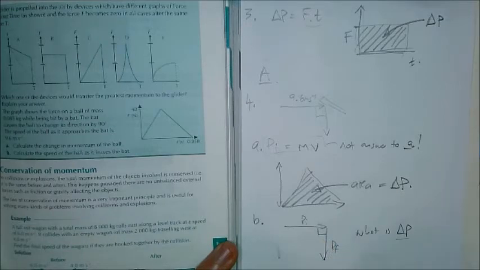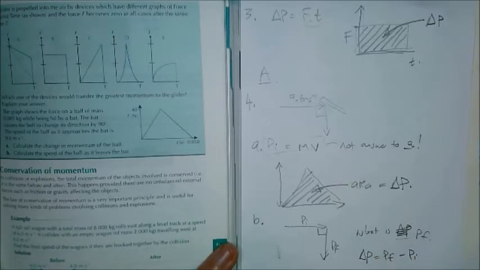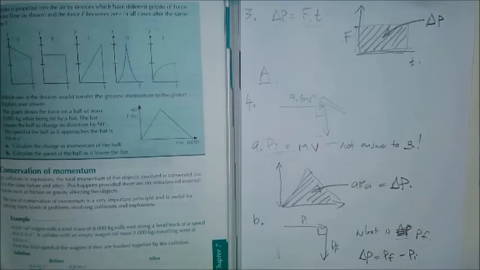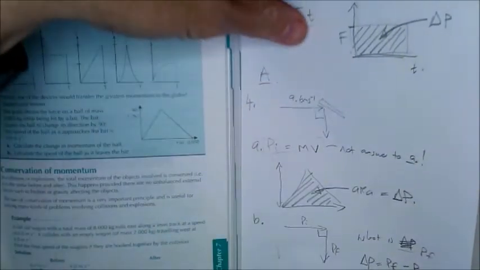Your vector diagram you're going to do using delta p equals pf minus pi.